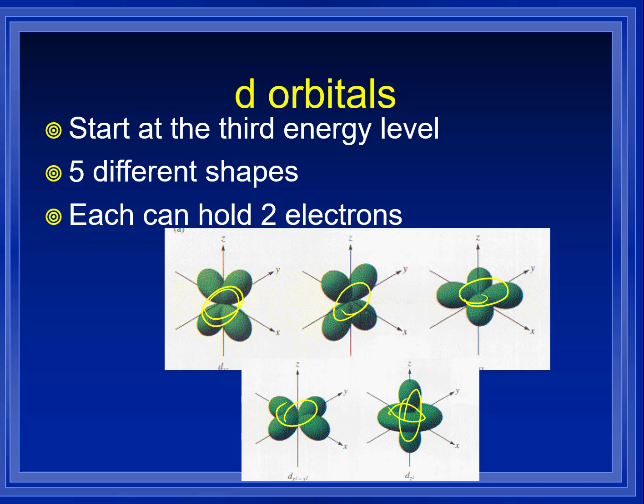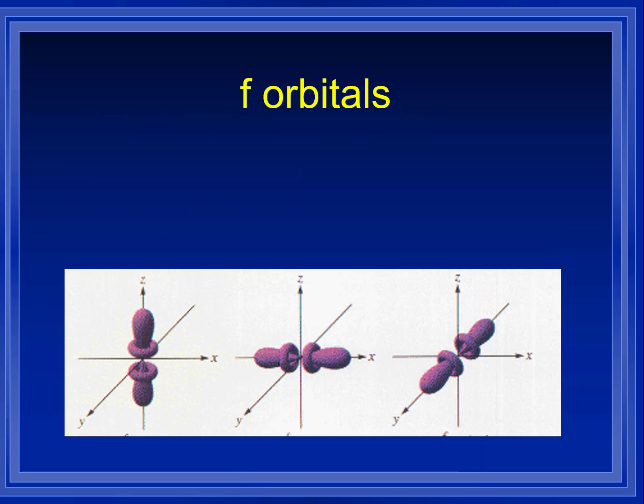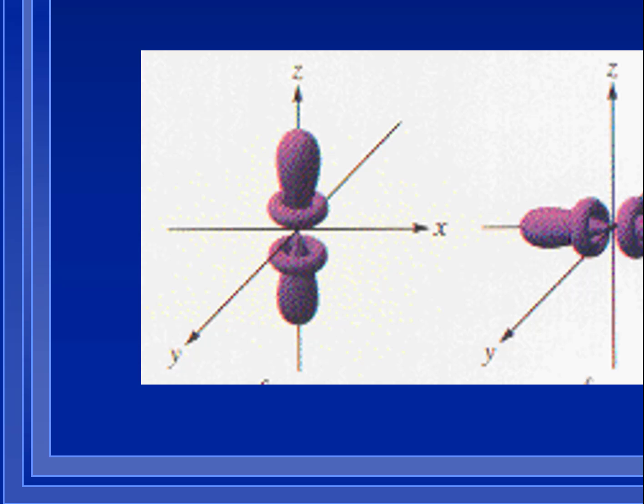Next shape is called f, for fine, because there were some really skinny lines, fine lines. Okay, actually it's a p orbital with 2 donuts, one on each end. So it's got the p orbital, but then it's got a donut around each side. Technically, that's called a toroid. When you learn polar coordinates, you'll learn the equation for a toroid.